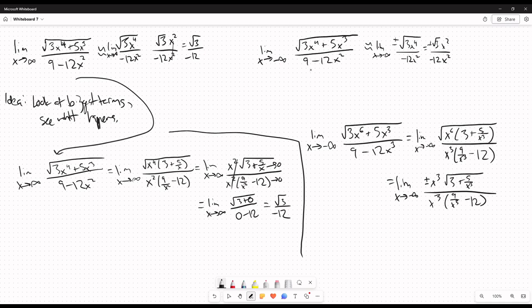Now we need to decide, should this be a positive sign or a negative sign? As x goes to negative infinity, the numerator should be positive because it's under a square root initially. The square root will just give us the positive answer. Over here, x cubed will be negative, so a negative times a positive gives me a negative in the numerator.